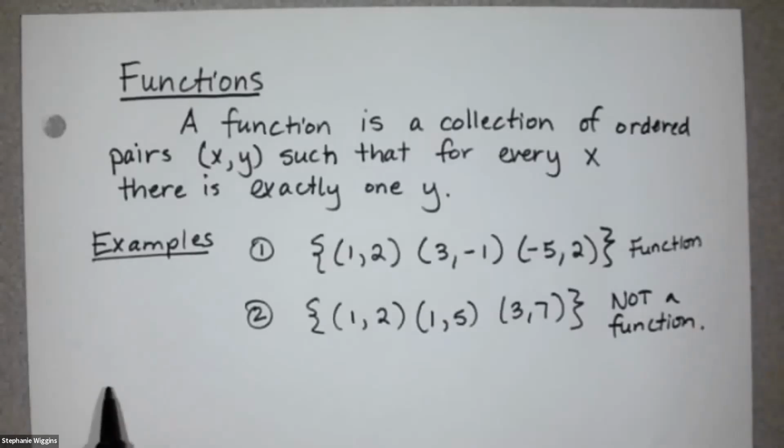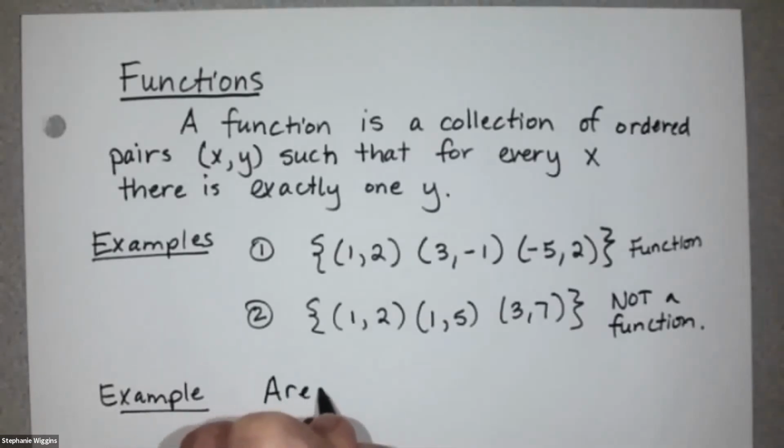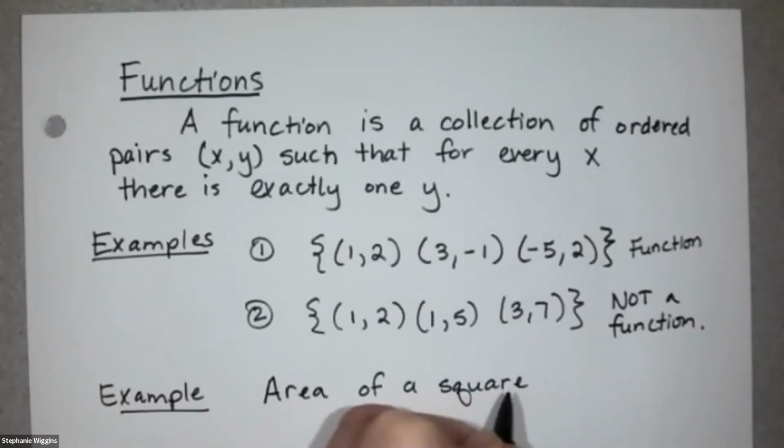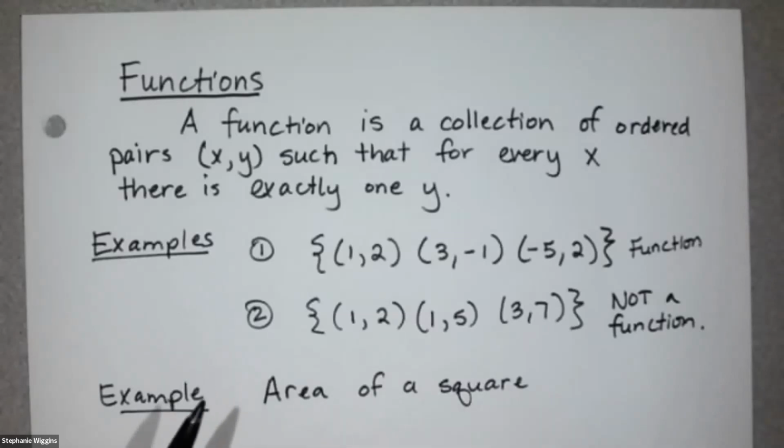Now let's look at another example from the real world that you all are familiar with, and that would be the area of a square. The area of a square depends on the length of the side for the square.